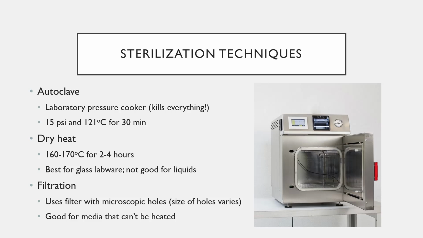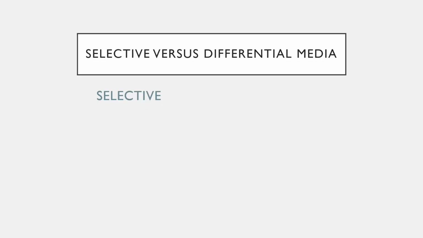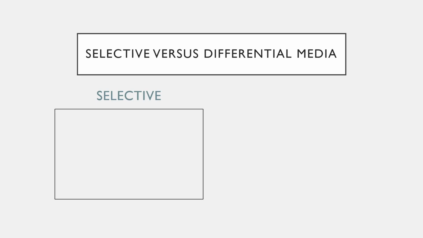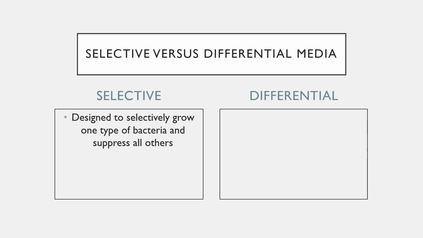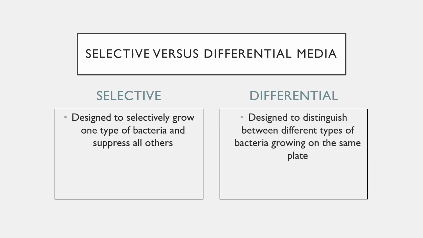There are 2 types of media that serve distinct purposes in the lab, and those are selective and differential media. Selective media are growth media that are designed to selectively cultivate one type of bacteria and suppress all of the others. Differential media, on the other hand, are designed to distinguish between different types of bacteria growing on the same plate.